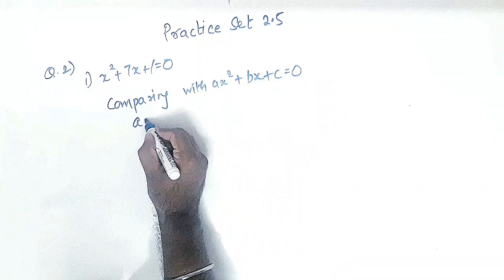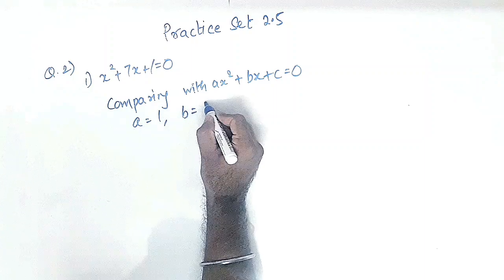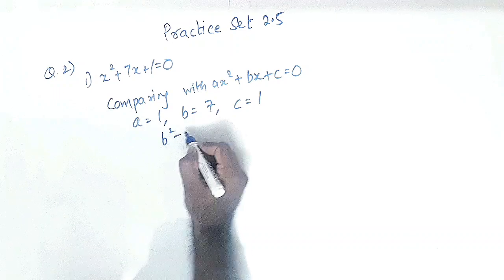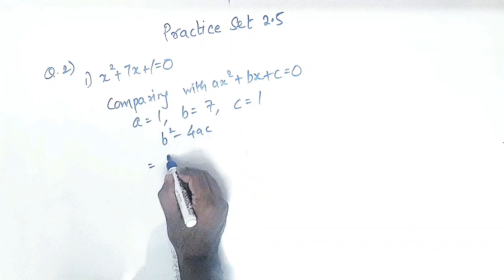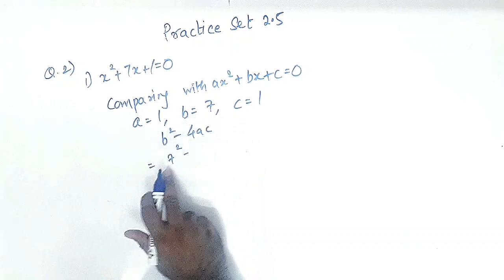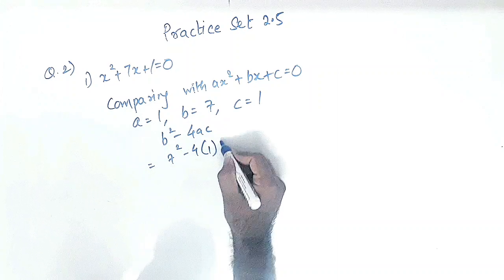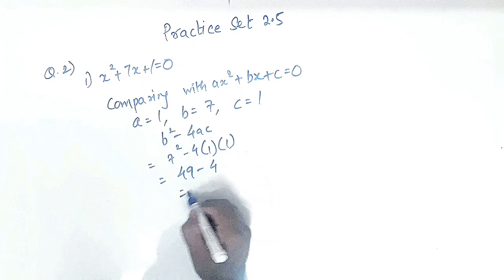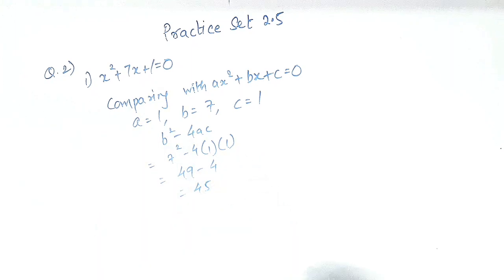What do we get? A equals 1, b equals 7, c equals 1. Now let us write b square minus 4ac. B square is 7 square minus 4 into a into c. 49 minus 4 is 45.